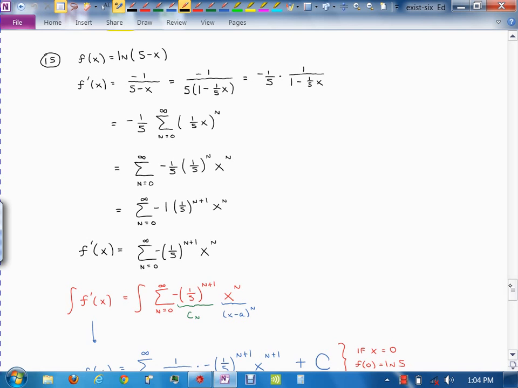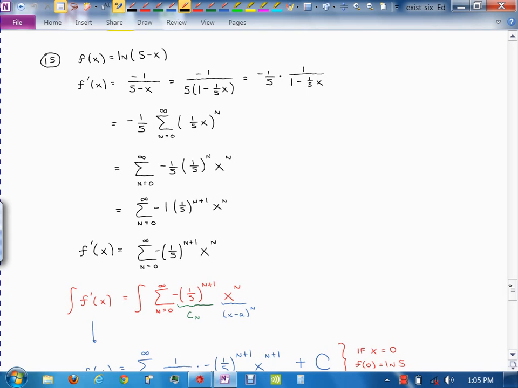And then to go back to f, you have to integrate. So we look at the -1/5 to the n plus 1. That's our c sub n, the formula for the constant. And then here's our power, x minus a to the n.